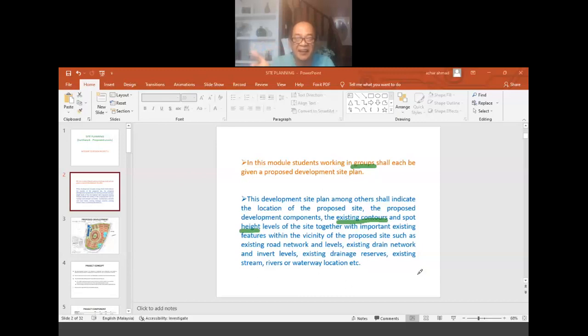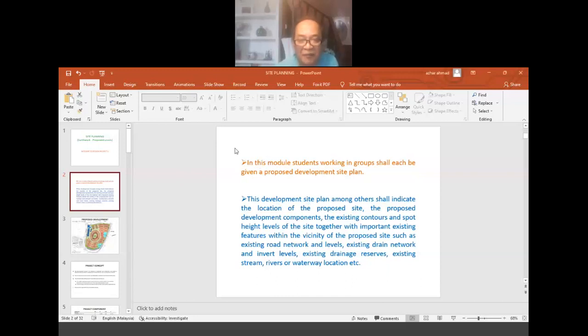Another thing is that the drawings might show some existing drain within and around the site. So these are all important features that will be given to each group, and from there we will work out the proposed level using what is termed as the site inventory and also site analysis.